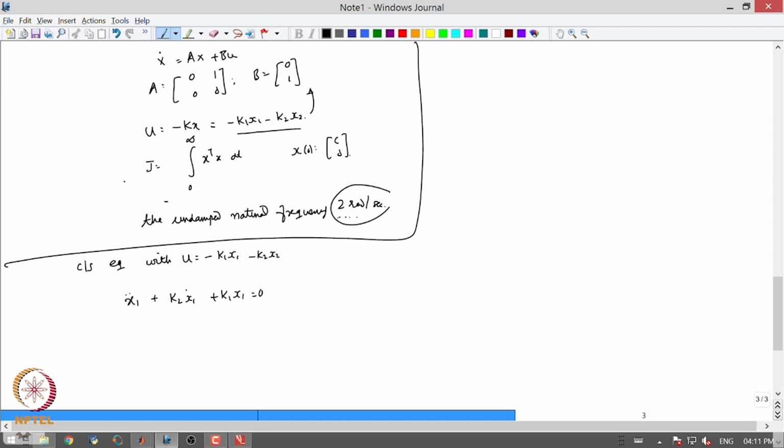Next, this substituted here would mean that k1 equal to 4. Okay. So, essentially I am now looking at a minus bk of the form 0 1 minus 4 and minus k2. Okay. Now, first, when is a minus bk stable? Whenever k2 is greater than 0, a minus bk is stable.